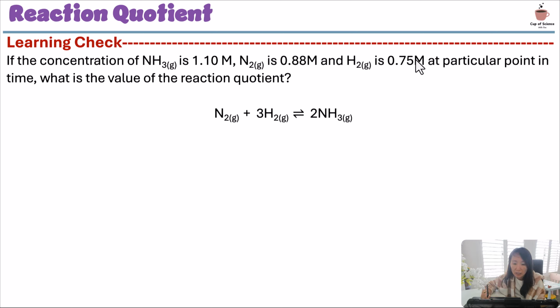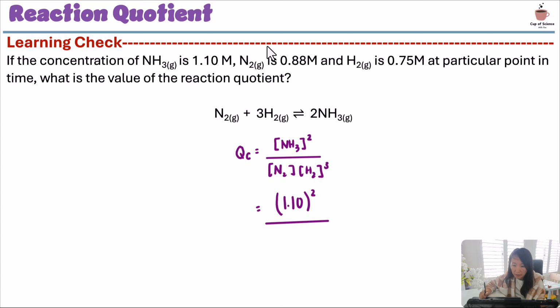The reaction quotient is written as follows, where we have the concentration of the product to the second power, since that's the coefficient, and we have N2 and H2 to the third power. Now, the value of NH3 is 1.10, so we're going to just plug that in, 1.10 to the second power. And these are all in molarity, so it fits very well.